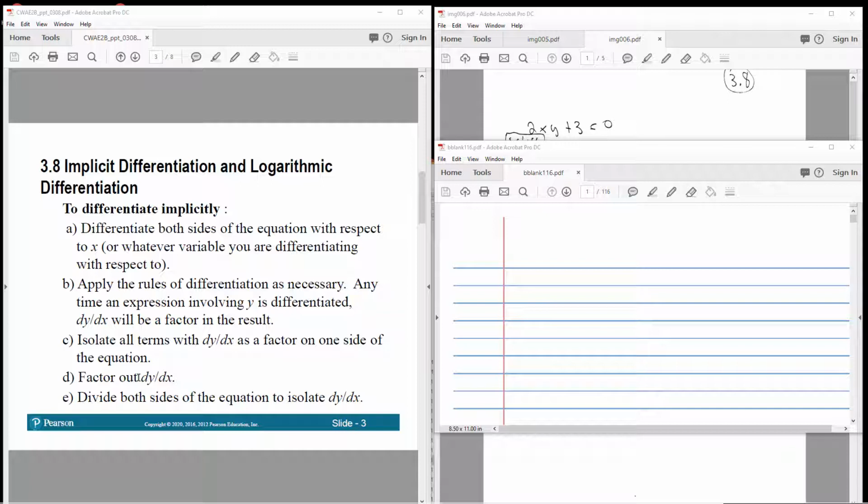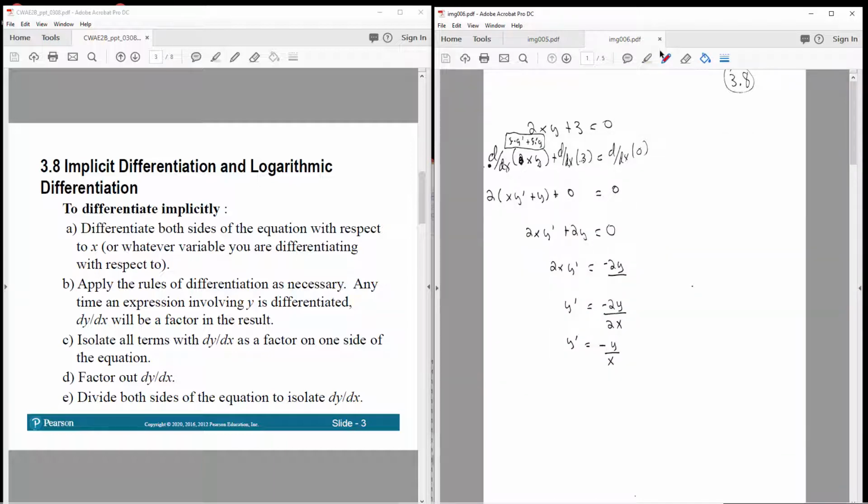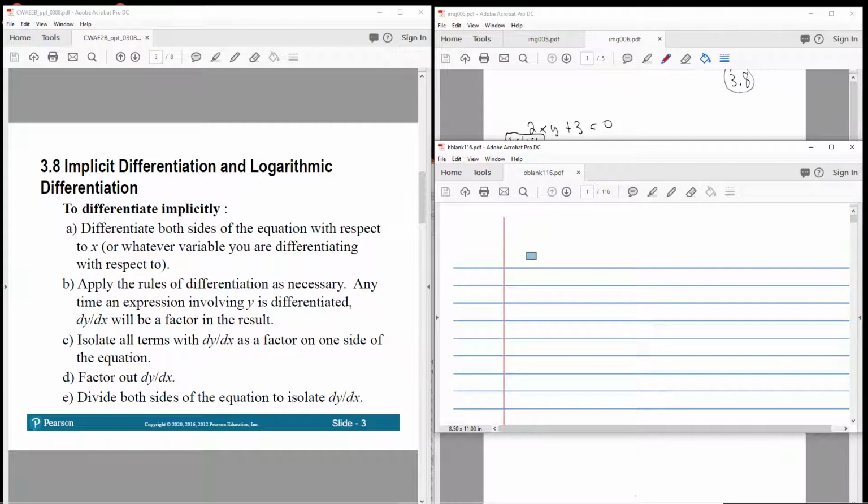So let's take a look at an example here. The first one here I have 2xy.